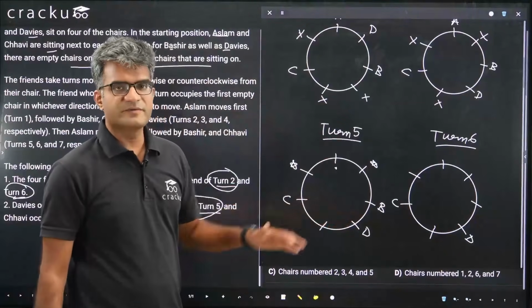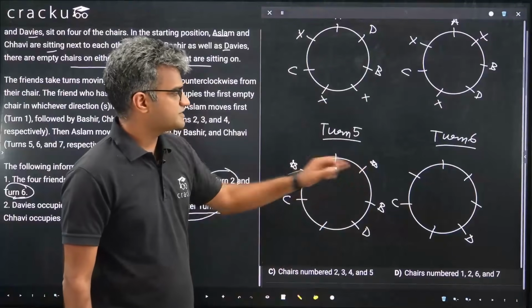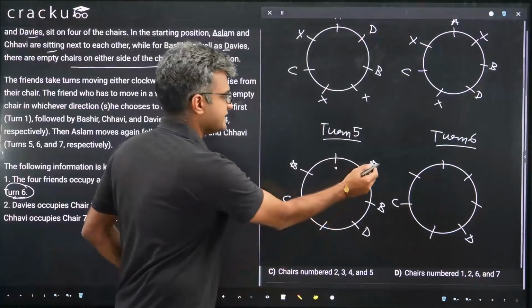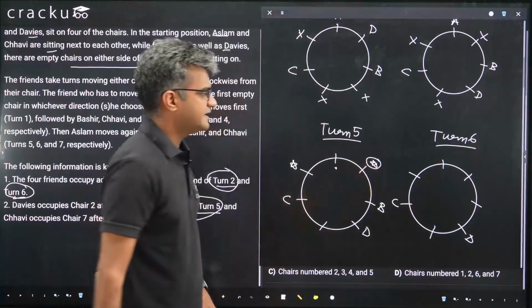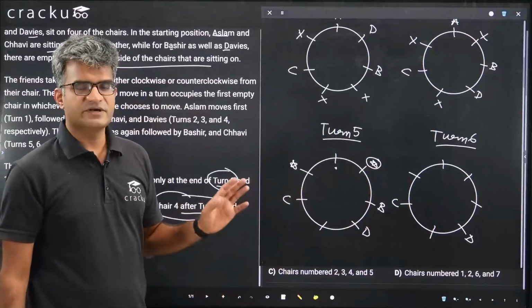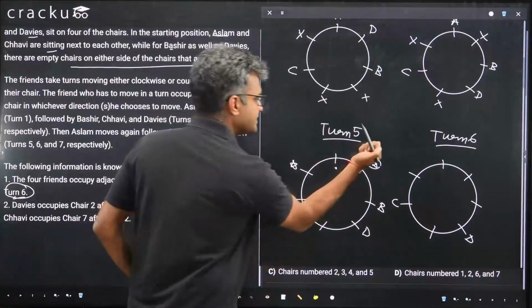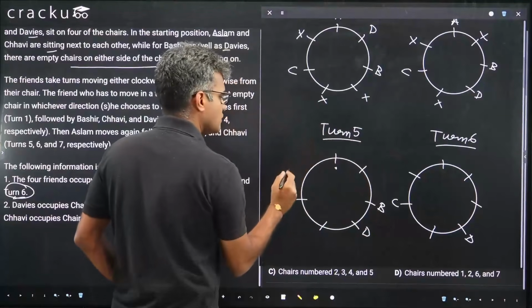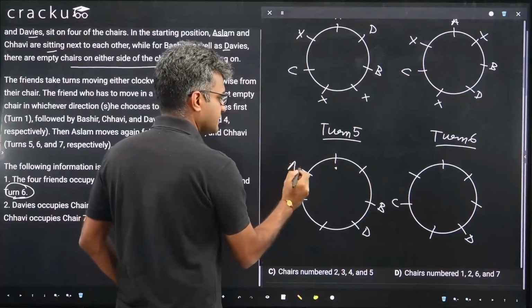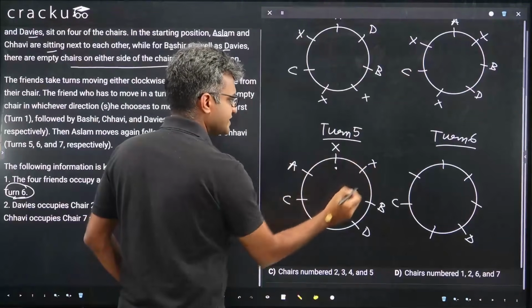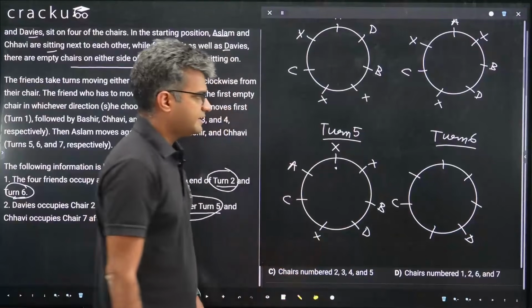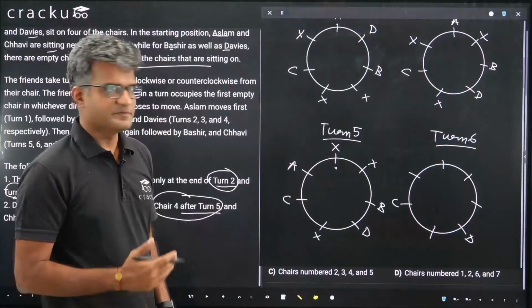Now if all 4 of them are sitting together, A cannot sit over there, because if A is sitting in this particular place, that is not adjacent to either C or D. So the group will not be sitting together. So this would imply that A has to sit over here, and the rest are empty.